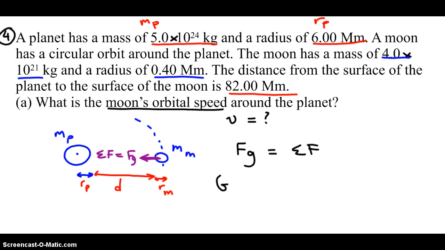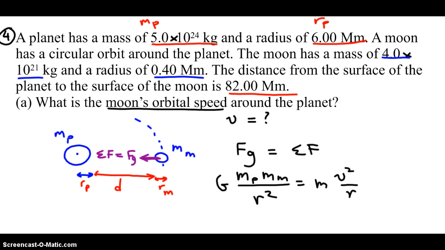Fg can be replaced, according to Newton's law, with big G times the product of the masses over r squared. The masses we're dealing with are the mass of the planet and the mass of the moon. On the right side, I have mv squared over r. That's the equation for anything going in a circle.